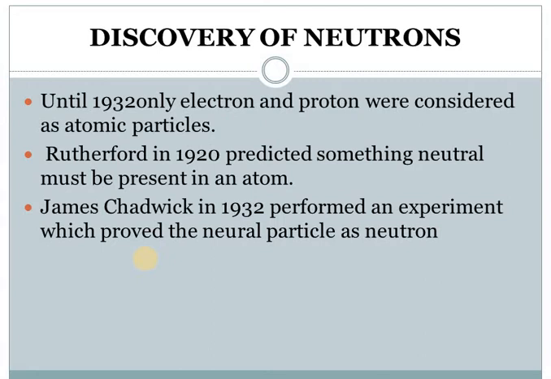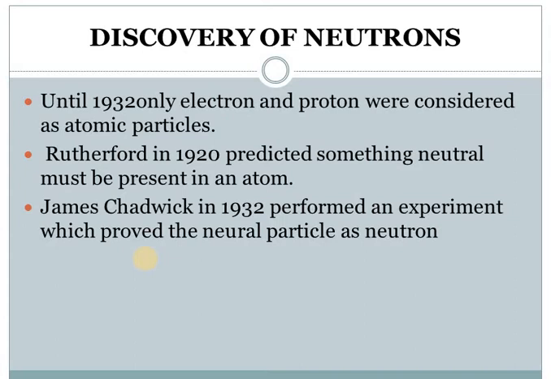So he suggested that there must be something, but it won't have any charge, because protons are positively charged and electrons are negatively charged. Overall, an atom is neutral. So he said that something neutral must be present in an atom, which is contributing to the atomic mass.